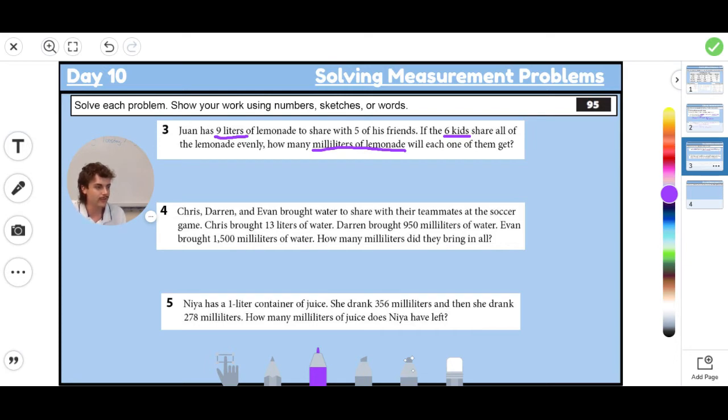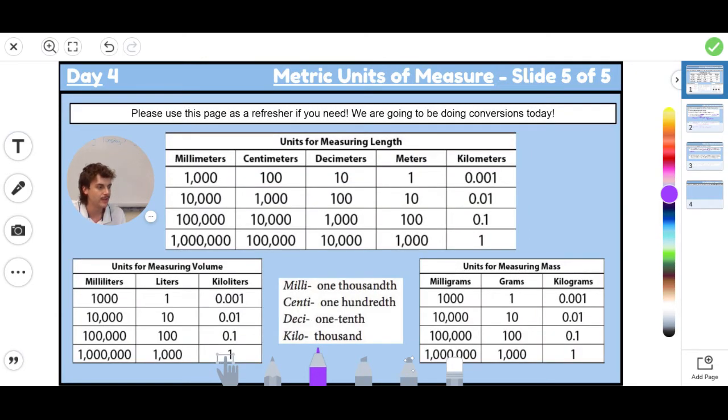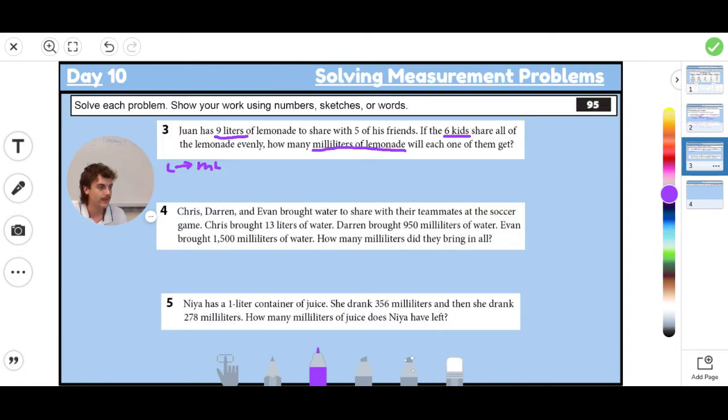And since we're going from liters to milliliters, I'm going to take a look at our volume chart here. So for every 1 liter, there is 1,000 milliliters. Okay, that's a good thing to know. So then 1 liter equals 1,000 milliliters.